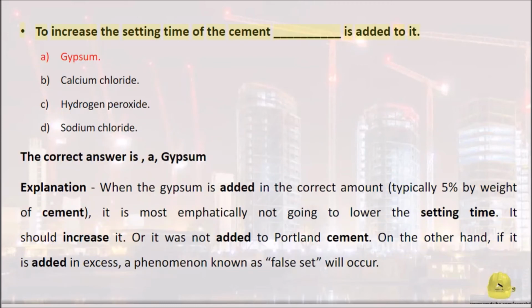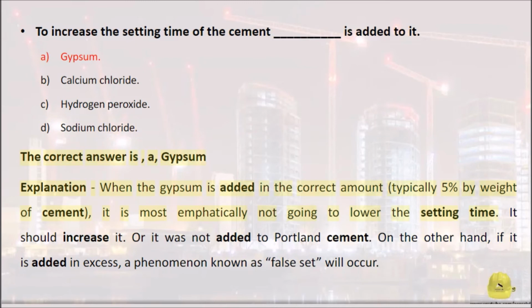To increase the setting time of cement, what is added to it? A. Gypsum, B. Calcium chloride, C. Hydrogen peroxide, D. Sodium chloride.